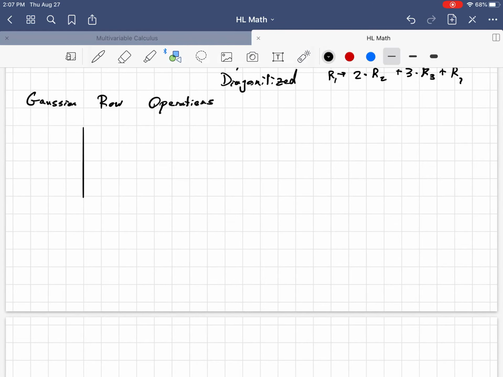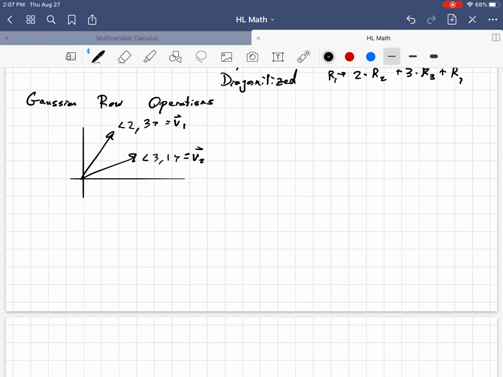For example, in R2, if you've got this vector here and this vector here, that would look like about 3, 1, and this would look like about 2, 3. Let's call these vectors v sub 1 and v sub 2.